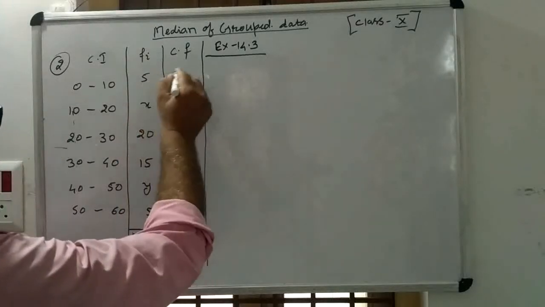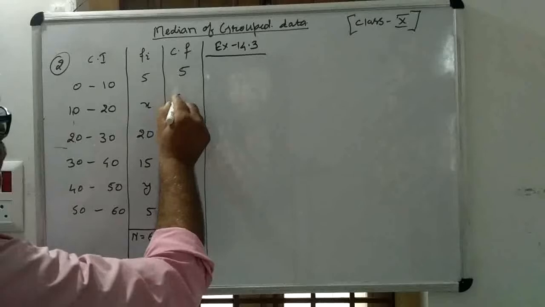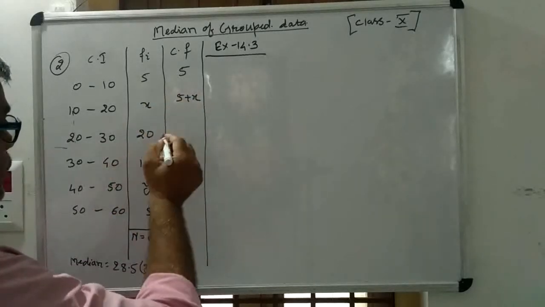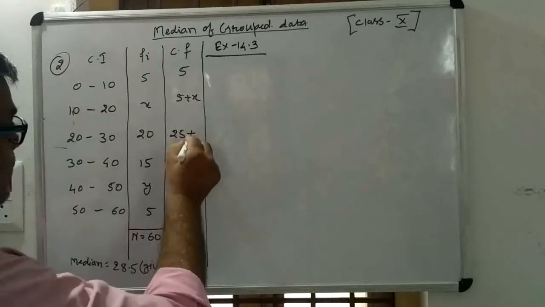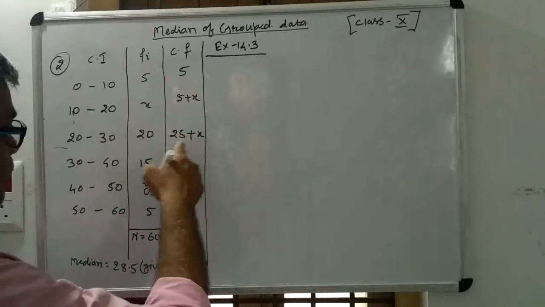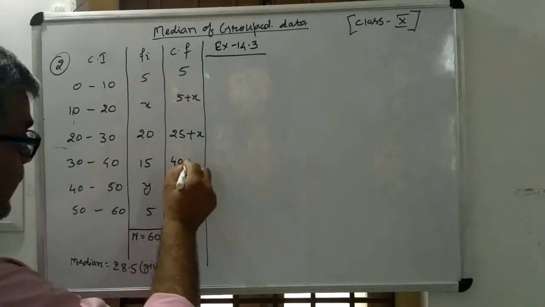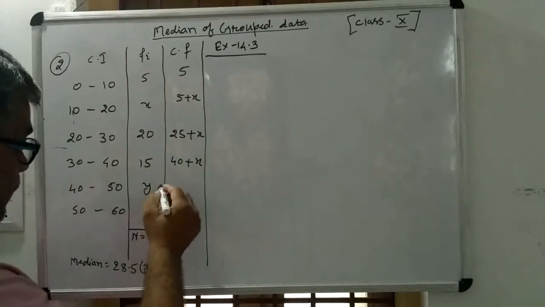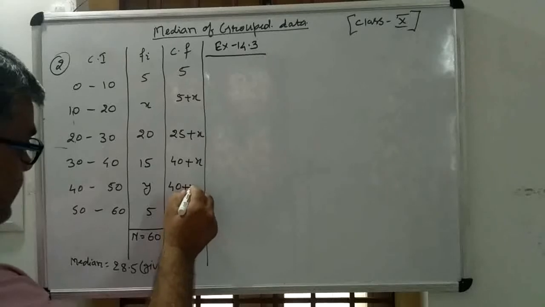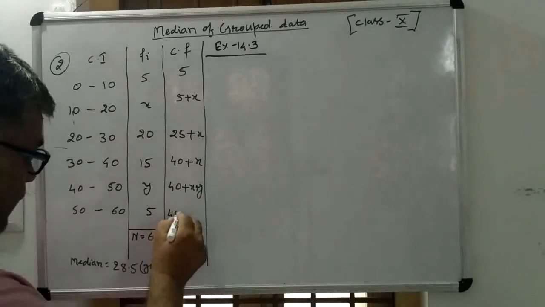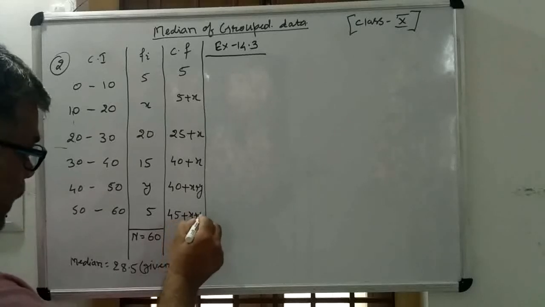So your cumulative frequency will be 5 plus x, then 5 plus x plus 20, that is 25 plus x, then 25 plus x plus 15, that is 40 plus x, then 40 plus x plus y, and then 45 plus x plus y.